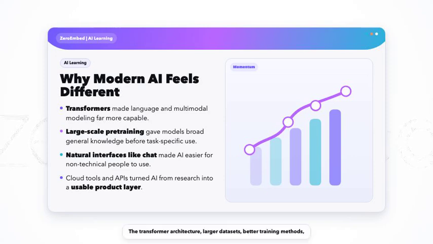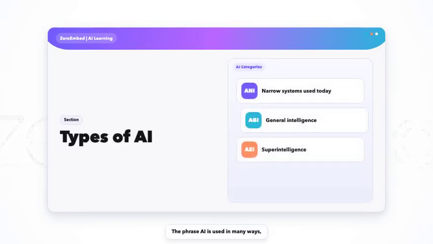The transformer architecture, larger datasets, better training methods, and accessible APIs all helped. So when people say AI is suddenly everywhere, what they usually mean is that capability, usability, and distribution arrived together at the same moment.